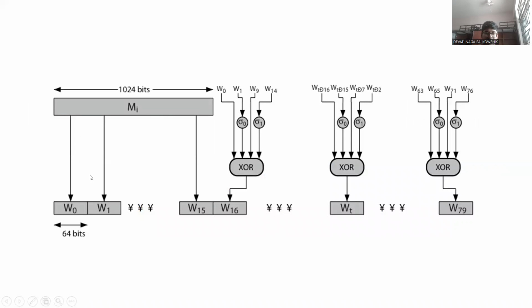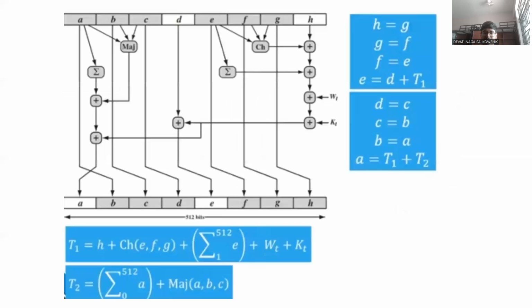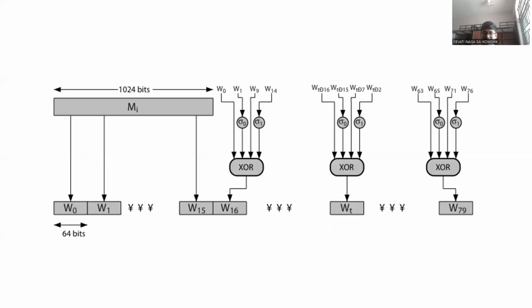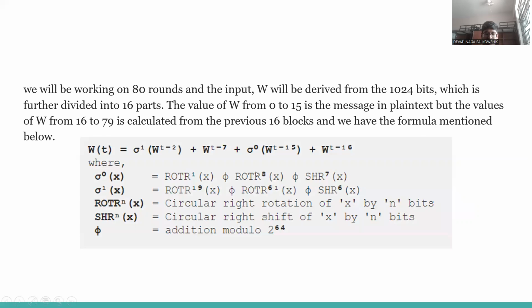You can clearly see that from the message we are calculating W0 to W15, and from W16 we are using the previous W values, and there are some combinations of these W values, and we perform some operations like sigma operation and XOR operation, and finally we get W16. Like this we will do it for all the Ws till W79, and this operation is done by the formulas that were present here.